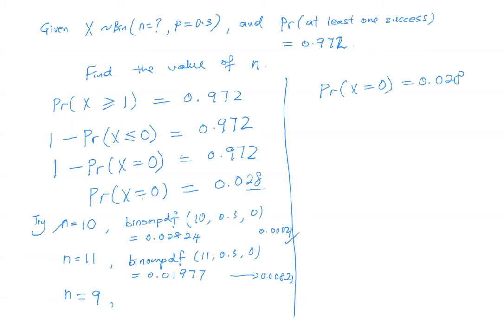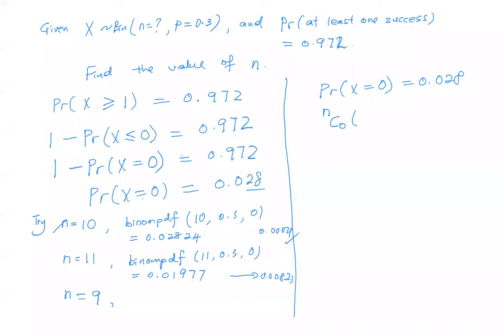Okay, so this is nC0 p to the power n. What is my p? All this I have to let you know because it can happen in the exam, okay?